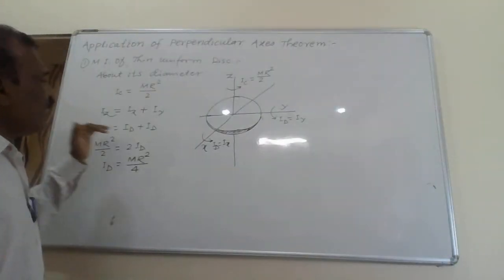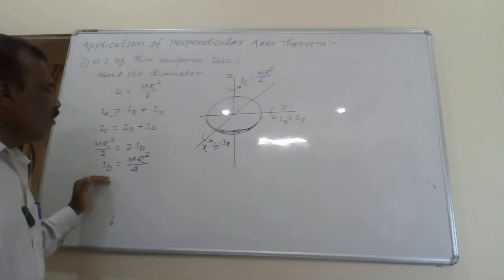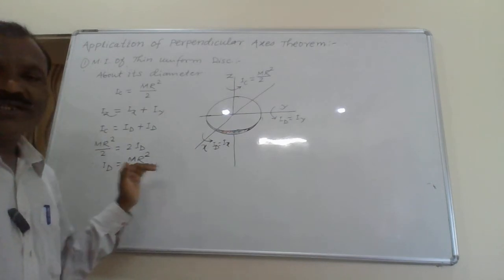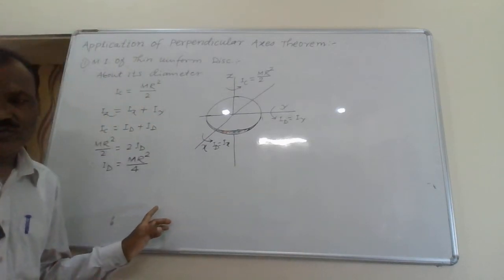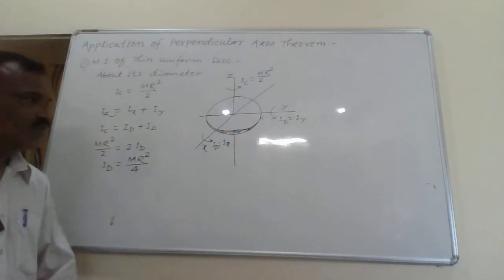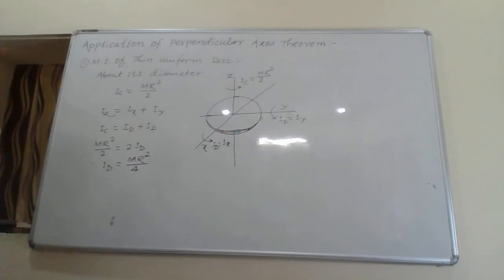Now putting the values here, the moment of inertia of the disk about its diameter is MR square by 4. So this is our second application.